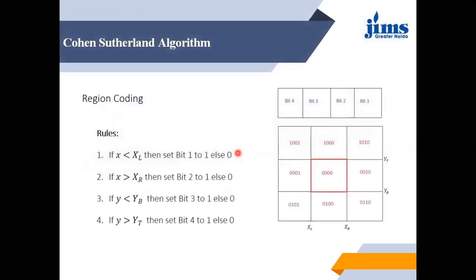In the Cohen Sutherland line clipping algorithm, our first purpose is to give the region codes. This is a window, and there are XL, XR, YB, YT.